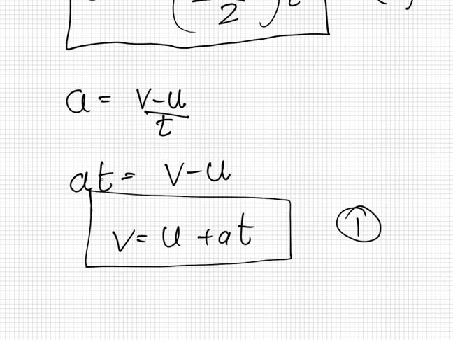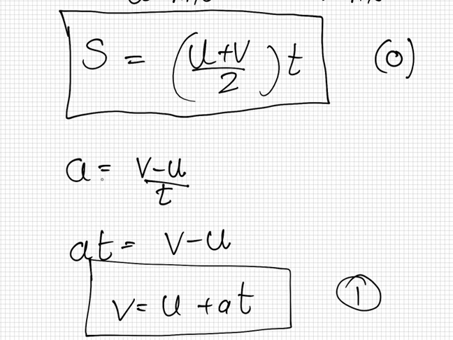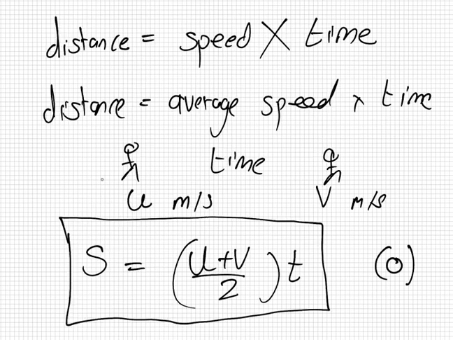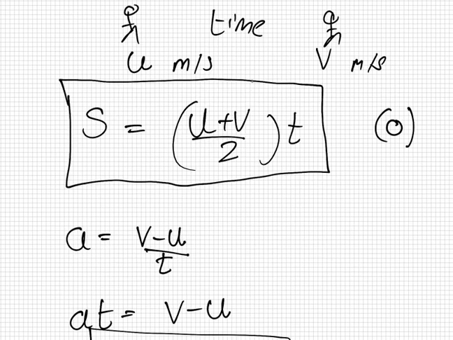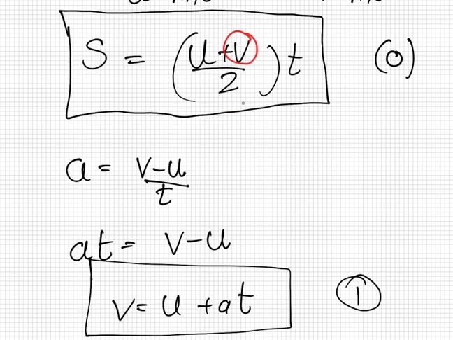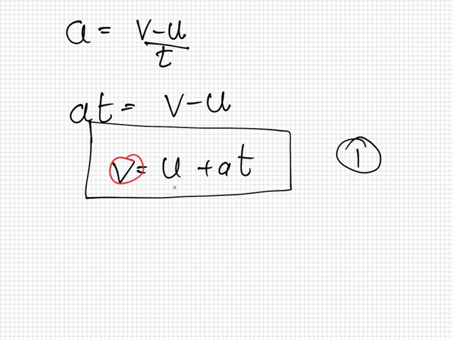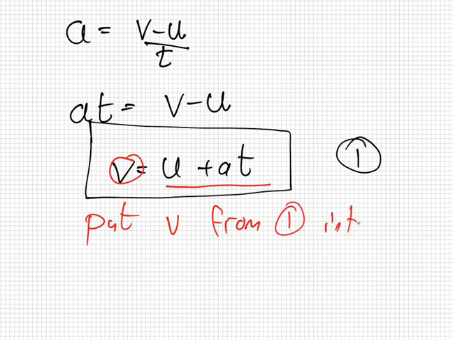Okay. Next formula. In math class today you learned about the substitution technique. So what I'm going to do is, you see this formula here, it has a V in it. You see that? And then this here has a V in it. So I'm going to put V from 1 into 0.